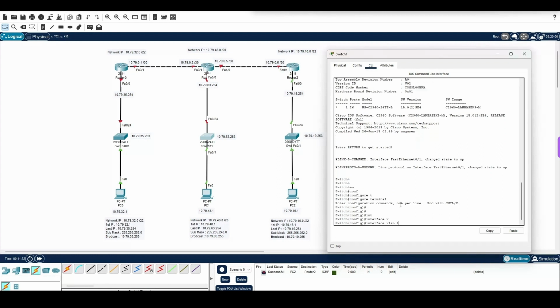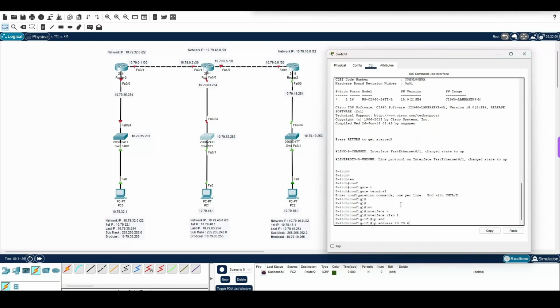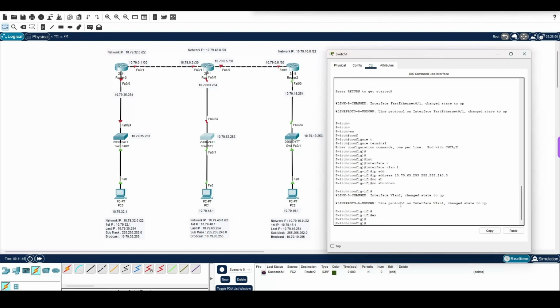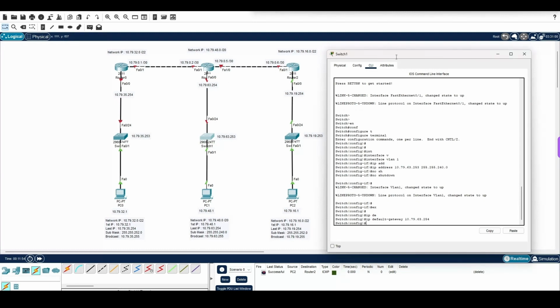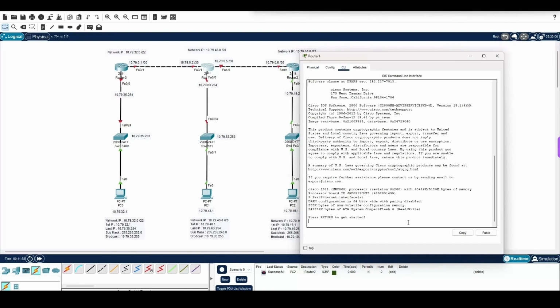Interface VLAN 1 IP address 253. IP default gateway. So for this network, it's this. That's it with the switch. Let's go to the router.